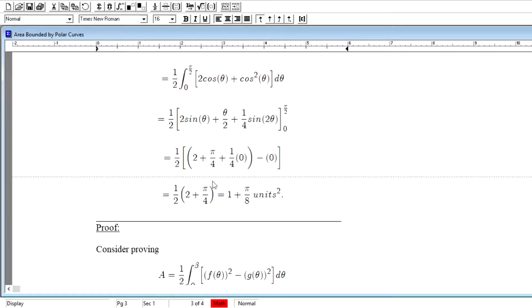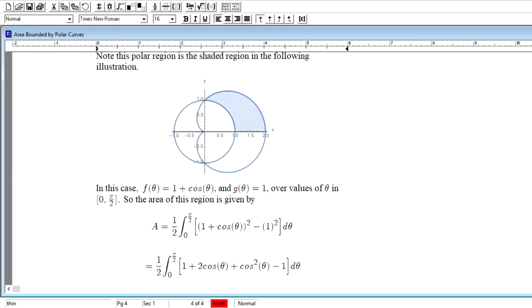All right. We do see that developing here in our notes. We get left with 2 plus pi over 4. Now times the 1/2 simplifies to 1 plus pi over 8 units squared. That describes the exact area of this polar region, the region between this outer polar curve, f of theta equal to 1 plus cosine theta, and this inner polar curve described by the circle g of theta equal to 1.